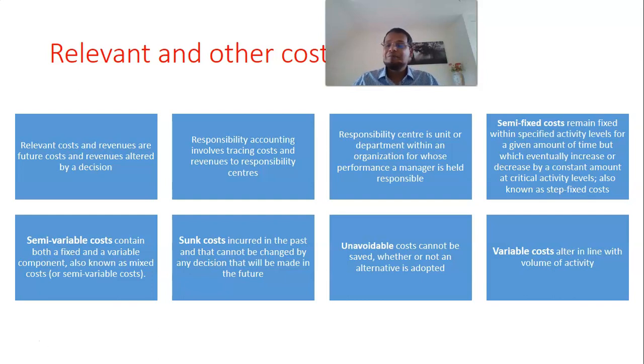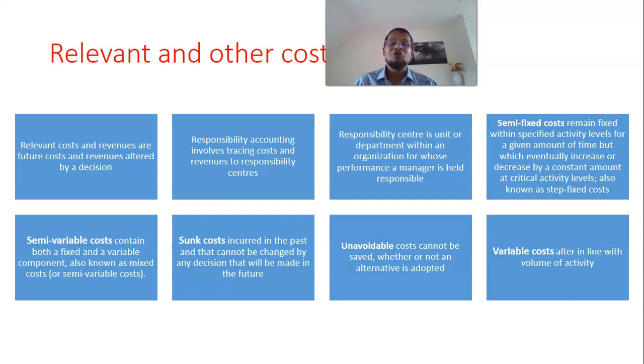So if I usually buy the products from someone else, that means I have to spend $10. But if I manufacture it, I can do it for $6. That means I could save $4. So $4 is avoidable cost.